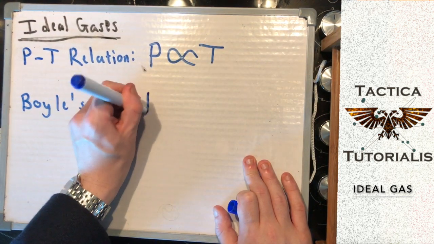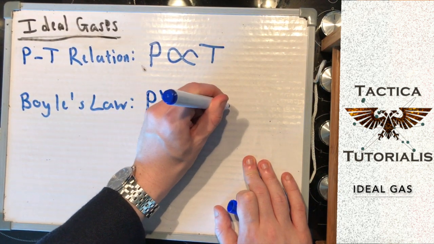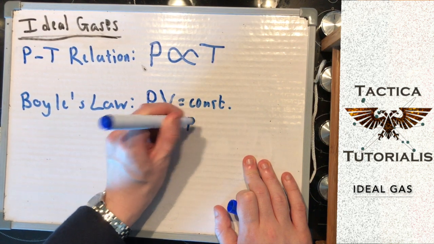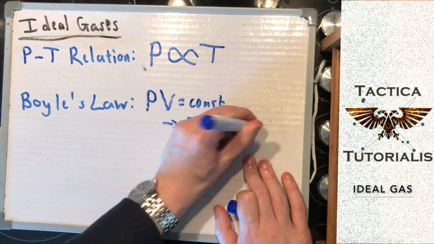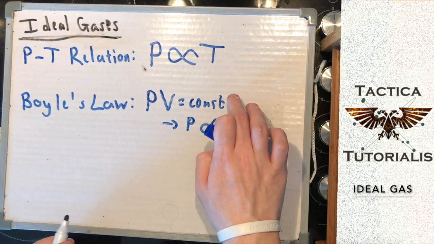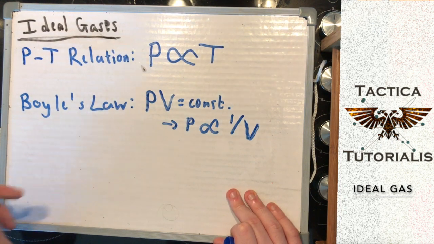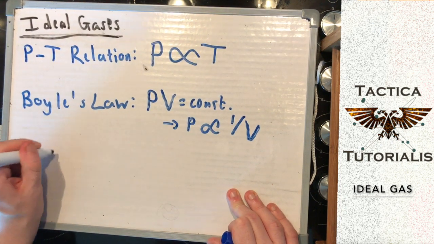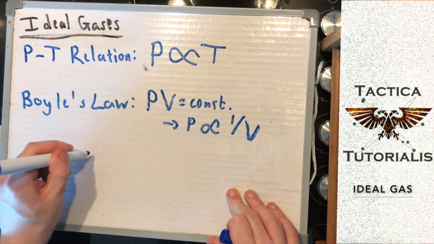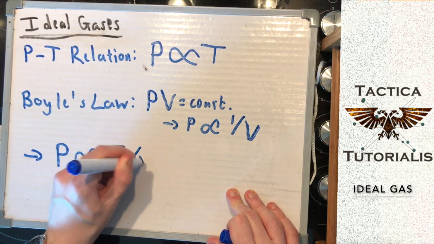Boyle's law says that PV is a constant. Therefore, P is proportional to 1 over V. That is what we established earlier, this particularly being Boyle's law, and this is what that means in context. So we can therefore say P is proportional to T over V.